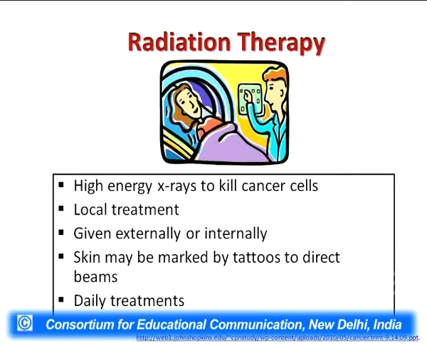These therapies are generally given externally or internally, and the patient has to go for regular checkups while undergoing radiation therapy. The major side effects of these radiation therapies are skin irritation, weight loss, loss of appetite, digestive problems, hair loss, urinary problems, and fertility problems.